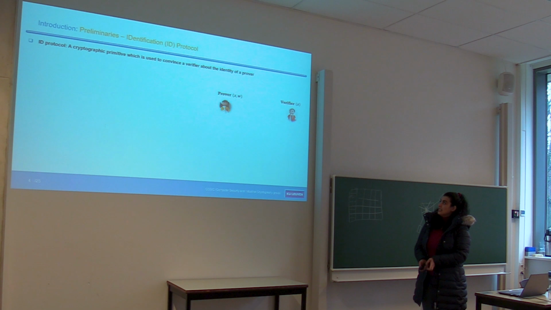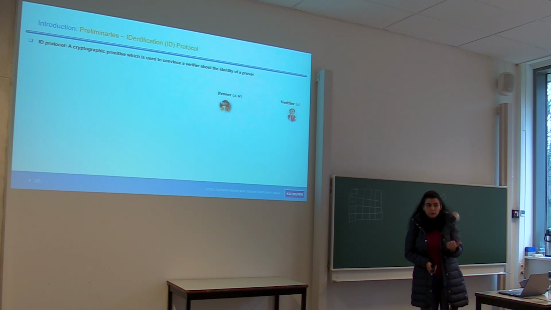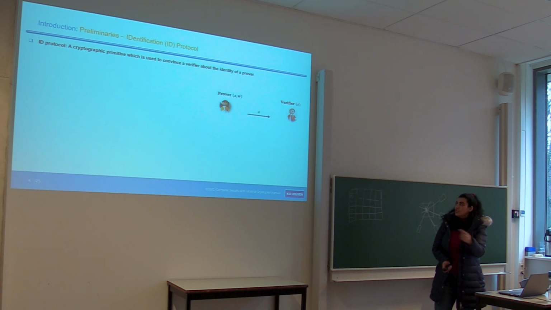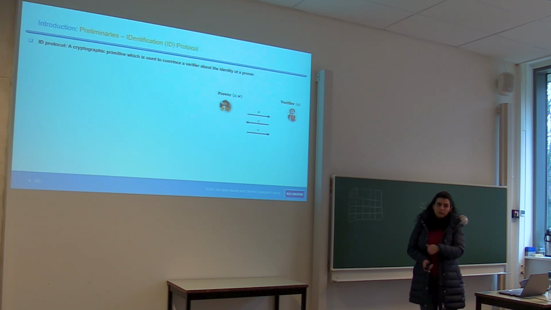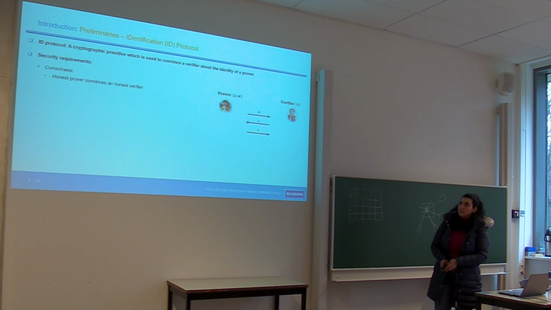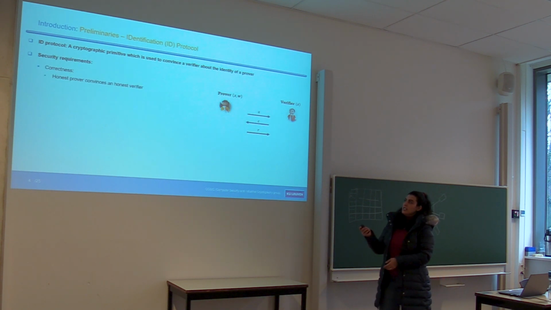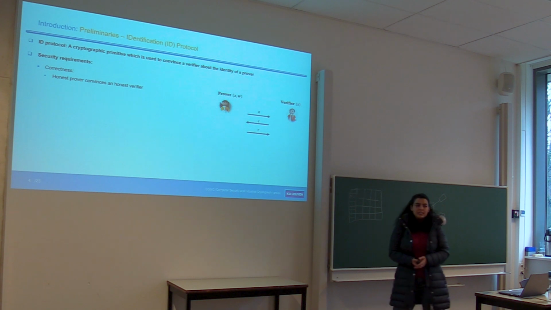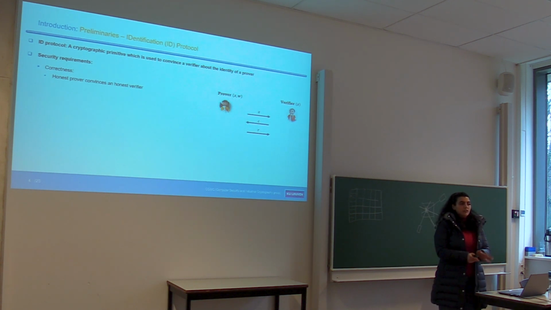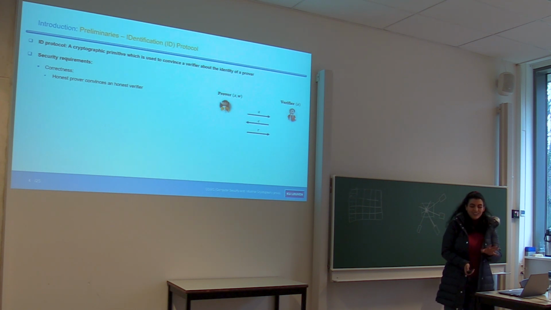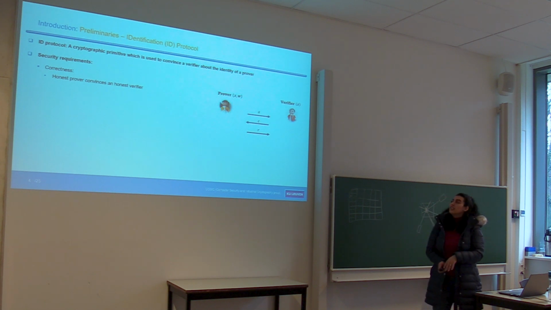In an ID protocol, the prover wants to prove her identity to the verifier. So she sends a commitment, gets back a challenge from the verifier, and responds with r to the verifier. The security requirement of this ID protocol is correctness, which says that an honest prover always convinces the honest verifier.